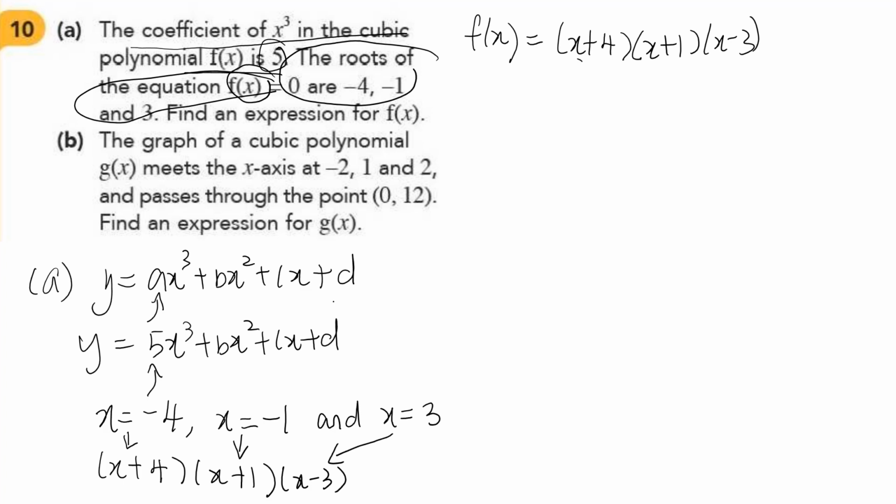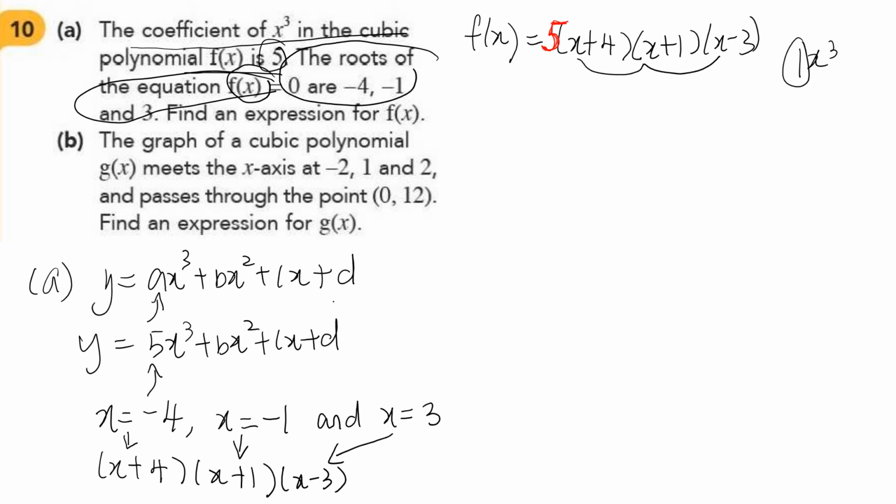Okay, so the catch here is, you see, if you take your x times this x times this x, you end up with x cubed, which is 1 x cubed, right? That means here the coefficient of x cubed is 1. Okay, which contradicts what the question wants. The question wants your a to be 5. So then where do you put in the 5? Yes, you just put a 5 here can already.